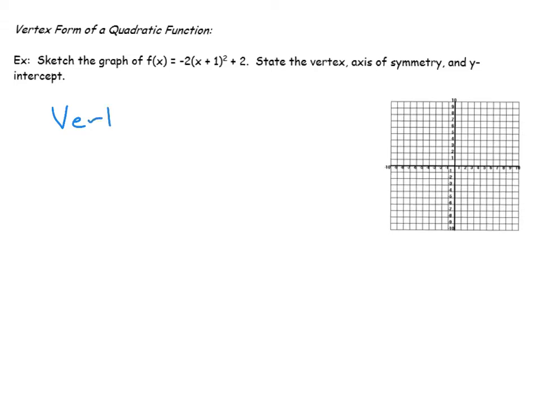Here, that's not too much of a concern. Vertex form basically shows you right where it is. And the axis, of course, just goes right along with it. It's at negative 1, okay?